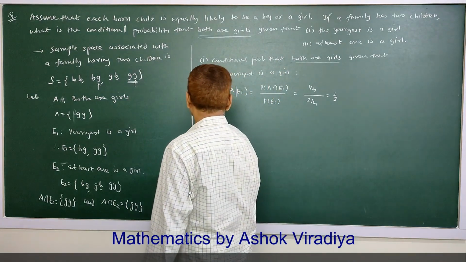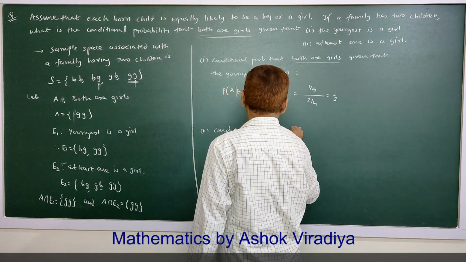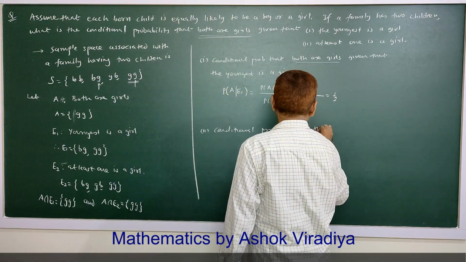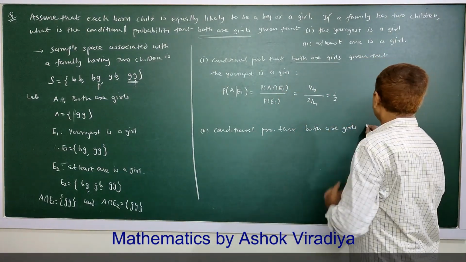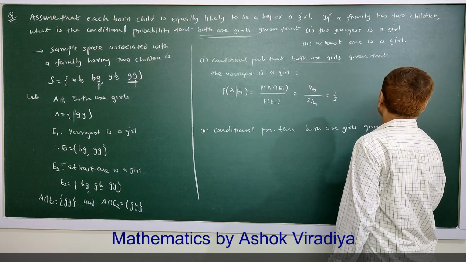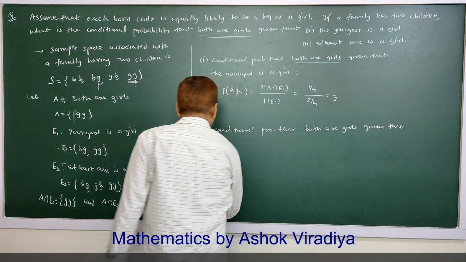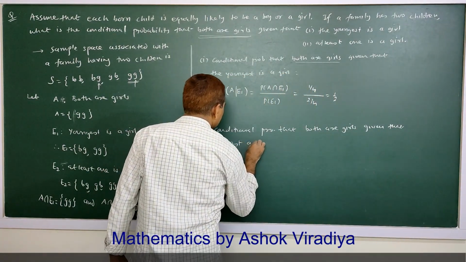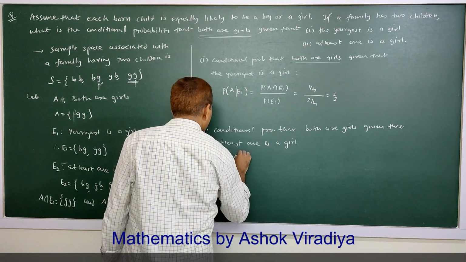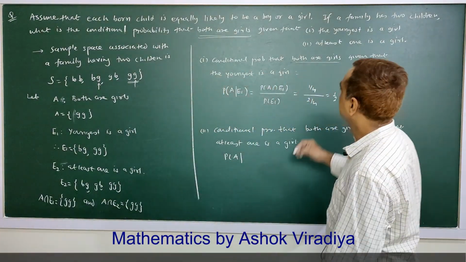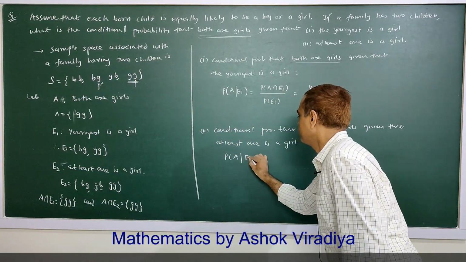Then the conditional probability that both are girls, given that at least one is a girl, that is A given E2.